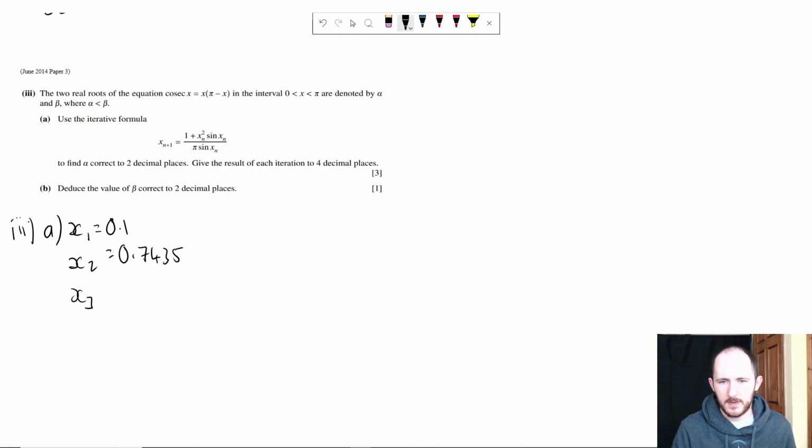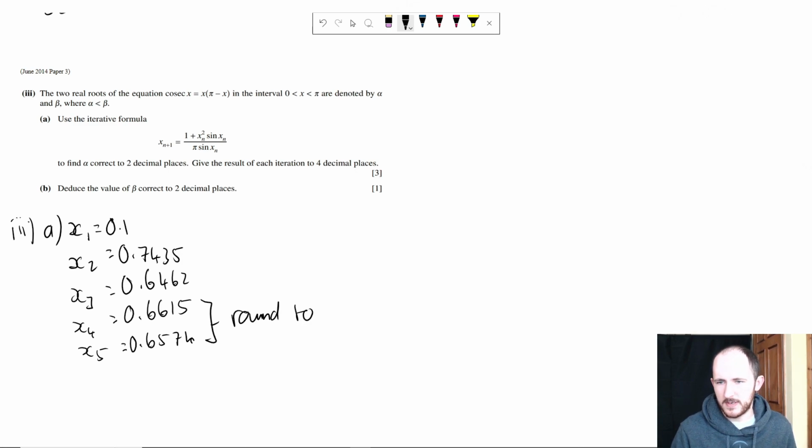Again, we're just doing 4 decimal places. 0.6462, equals again 0.6615, then 0.6574. Ah, good. If you notice, both of these round to 0.66 to 2 dp. So alpha is going to equal 0.66 to 2 dp.